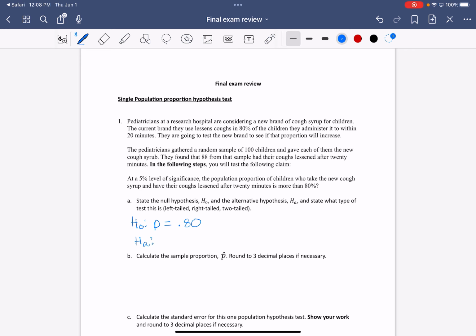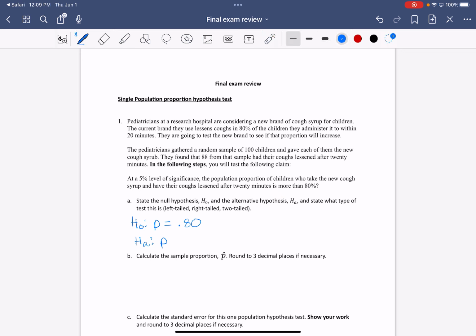The alternative hypothesis is, remember, you have 3 choices. P is greater than, P is less than, or P does not equal the proportion that was previously stated. And in this case, as we see right here, we want to test at a 5% level of significance if the population proportion is now more than 80%. So what is that?